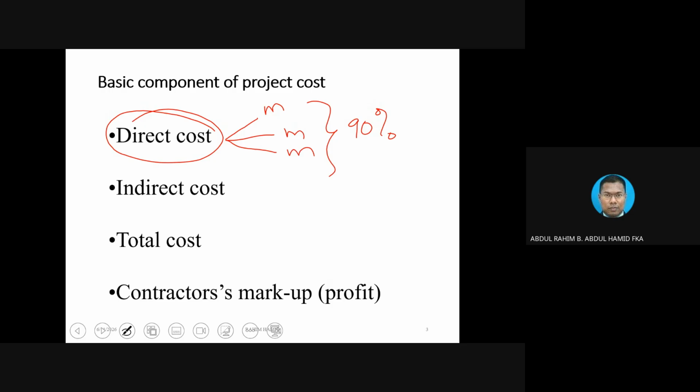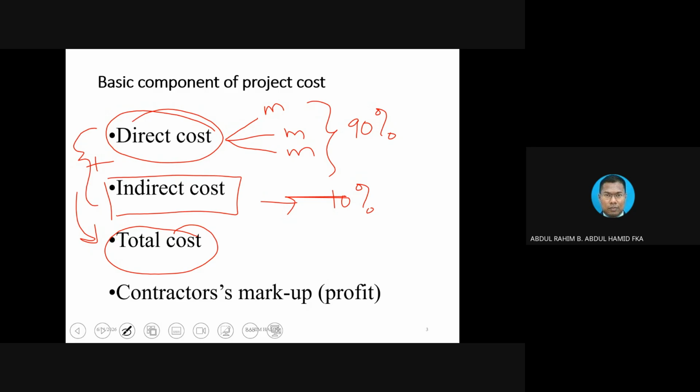Everything other than man, machine, and material goes into the indirect costs, which amount to less than 10%. When you add these together, it becomes total cost. Normally, the contractor calculates direct cost and indirect cost, then comes up with the total cost, and on top of that puts a certain percentage of markup. We call it markup here.